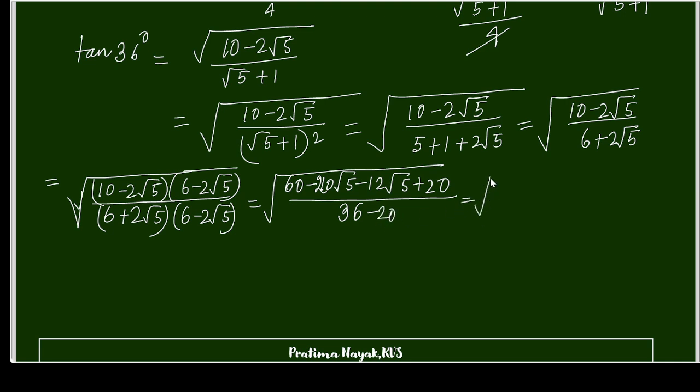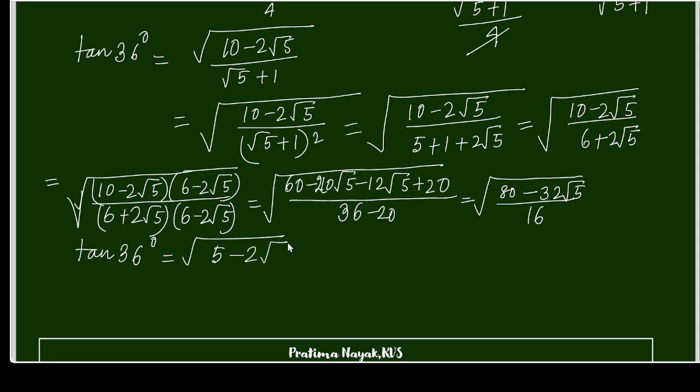So in the next step it will be 60 plus 20, 80, minus 32 root 5, by 16. So 16 I'll cancel with the numerator. So in the final step I am getting tan 36 degree equal to the square root of 5 minus 2 root 5.